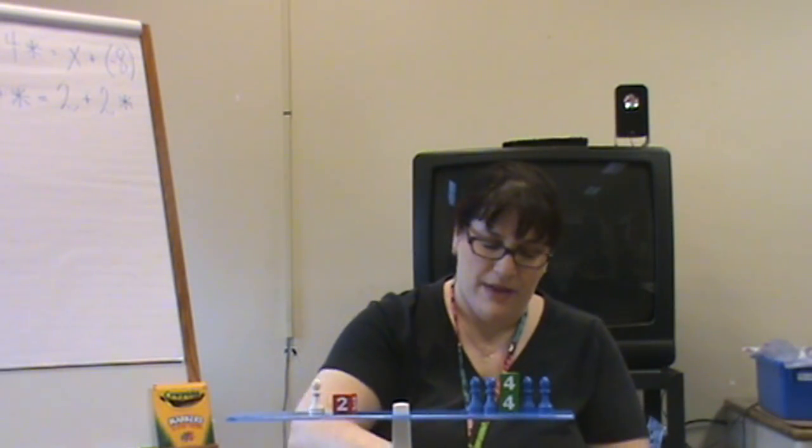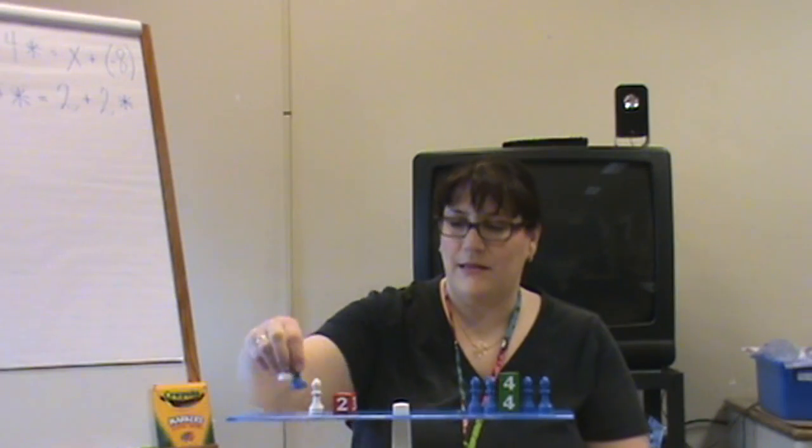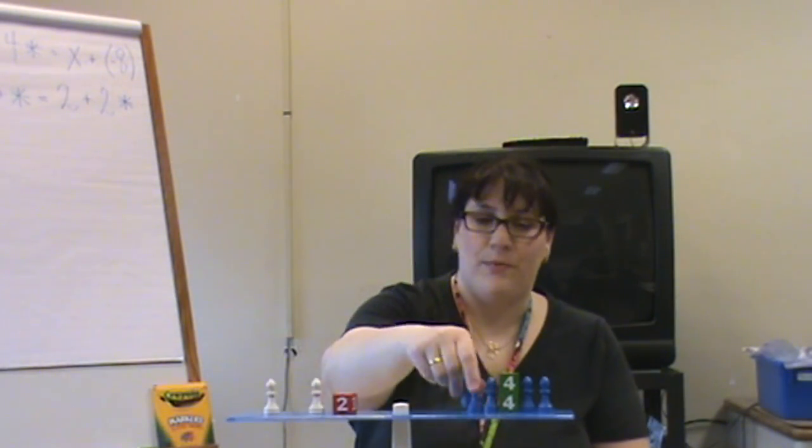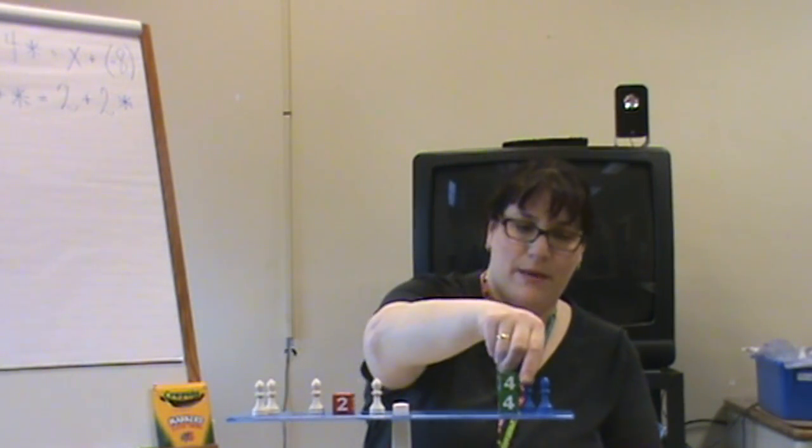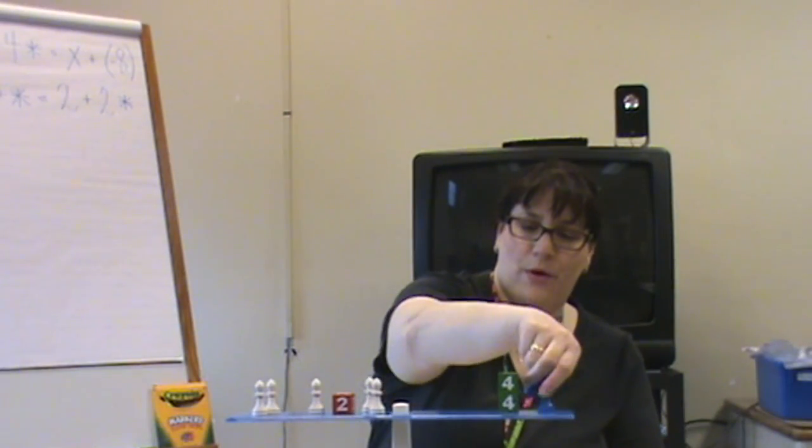So we can add a pair there, like that, and take away a blue pawn. Yep. How many times should I do that? 3 more times. Do that, take away a blue pawn. Do that, take away a blue pawn. And do that, take away a blue pawn.